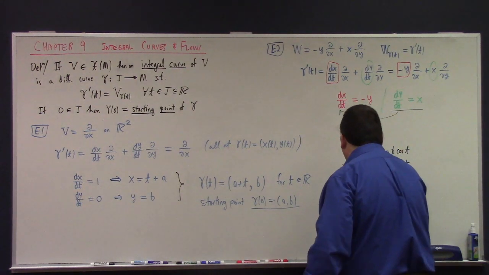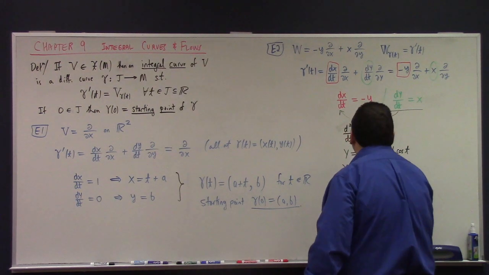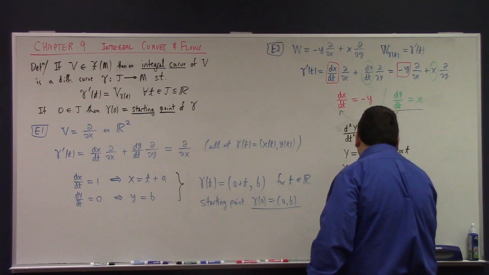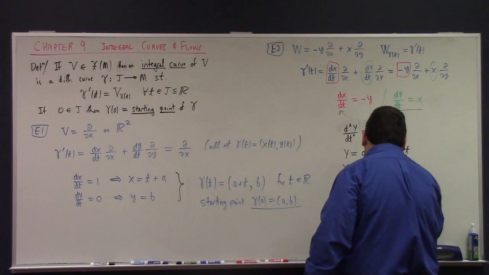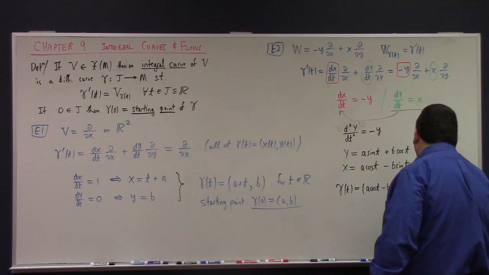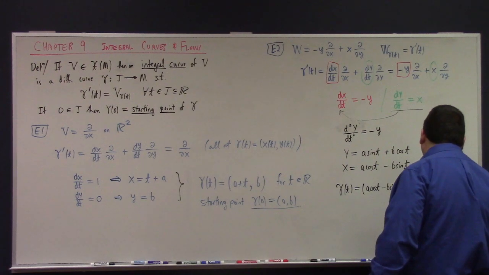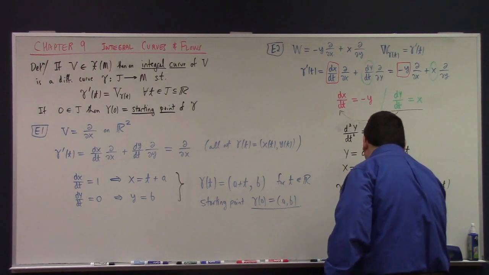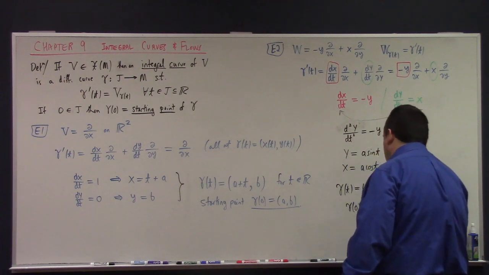There you go. Your integral curve to this vector field is a cos t minus b sine t, a sine t plus b cos t, with starting point gamma of 0 equal to (a, b).